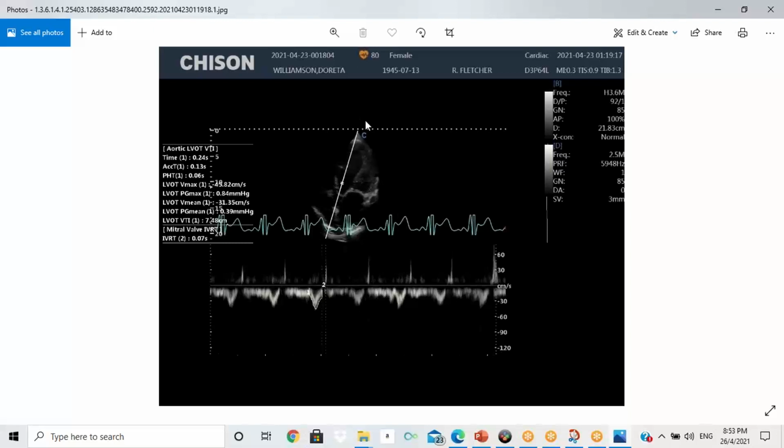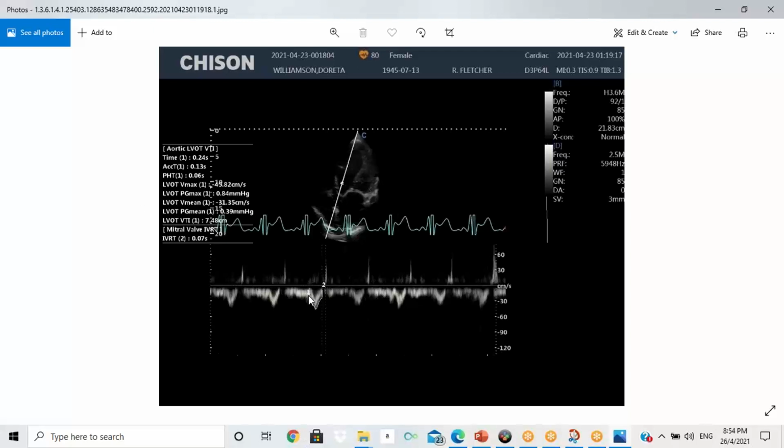The cursor is across the LVOT, across the aortic valve. The sample volume is within the LVOT, and you press PW Doppler, and you get the flow there, and there, and there. So these are the LVOT, left ventricular outflow tract flows.